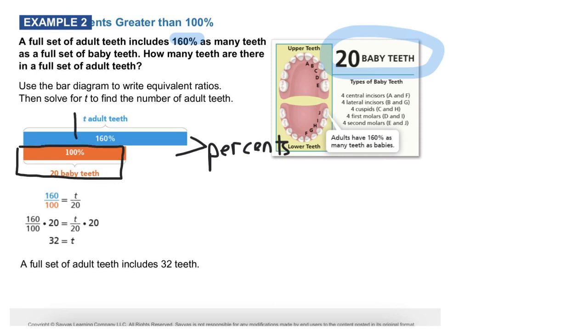And 160 would be the adult teeth because adults have more teeth than babies do. So I definitely see three numbers. That's a proportional situation. They did cross multiply and divide and ended up with 32 teeth in an adult mouth.